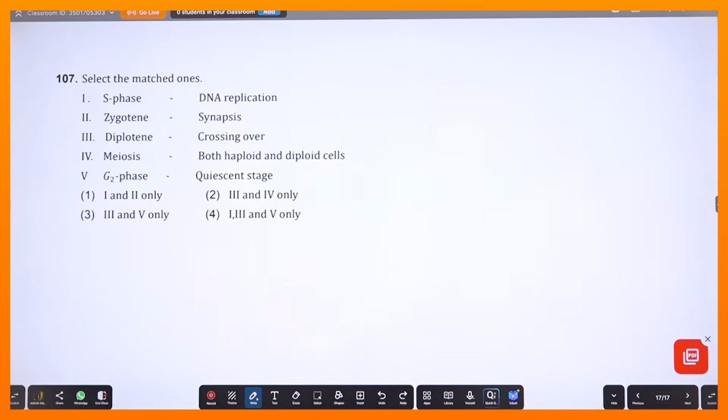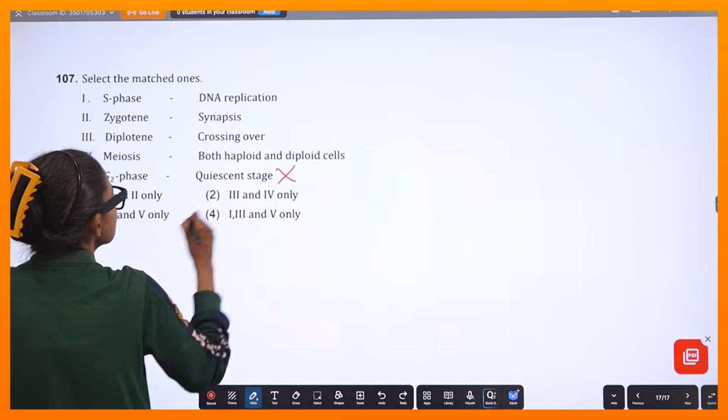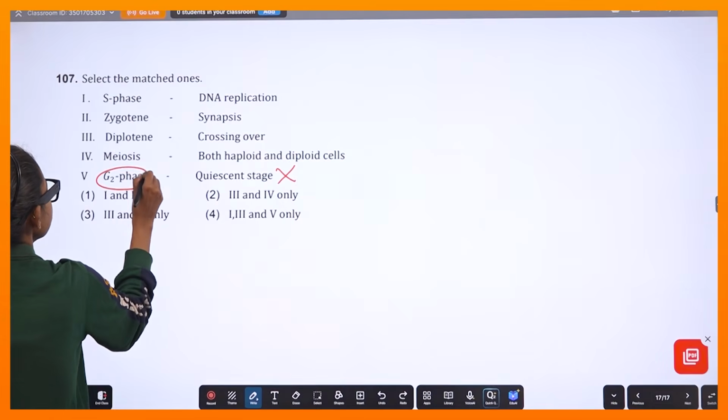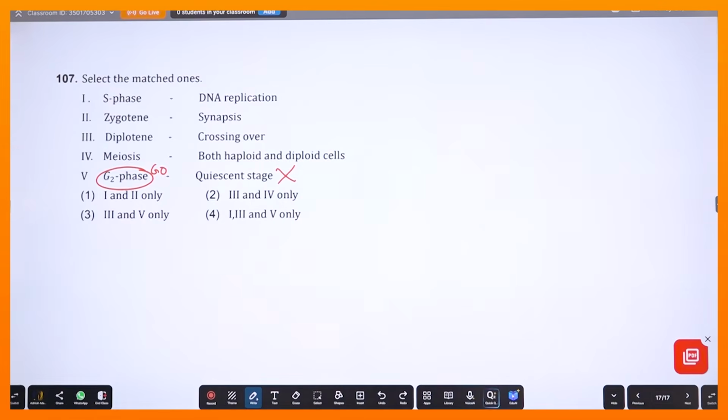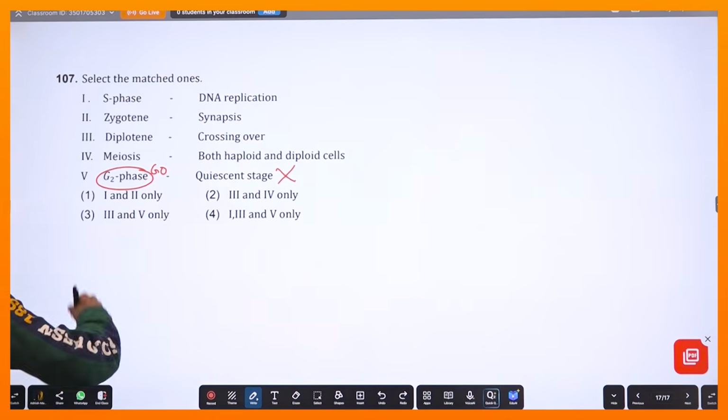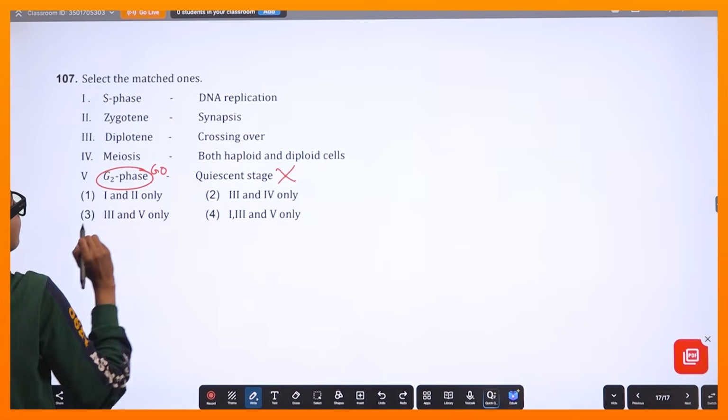Okay, select the matched ones. G2 phase, quiescent stage, no. This should be G0. Meiosis, both haploid and diploid cells. I guess they are saying that the products of meiosis are both haploid and diploid cells. That's risky actually. Okay, what about diplotene crossing over?